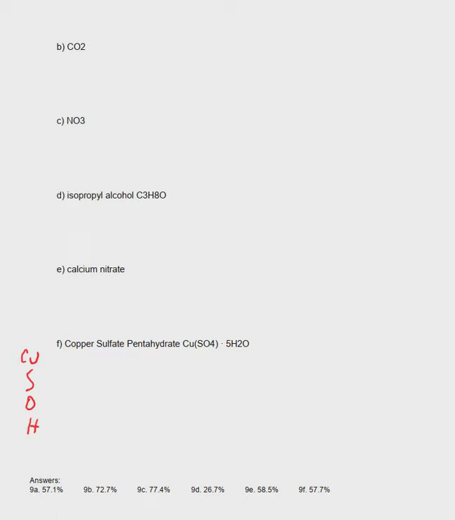Okay. So atomic mass of copper is 64, and times the number of pieces. Sulfur is going to have an atomic mass of 32, and oxygen is 16, and hydrogen is 1. The number of pieces of copper, that one's easy, that's 1.